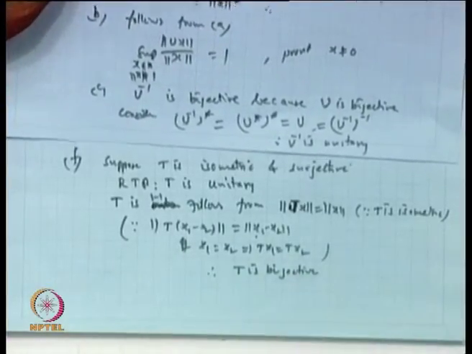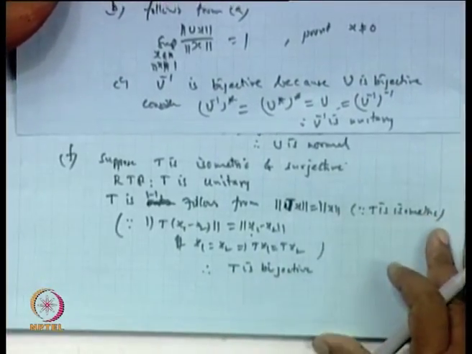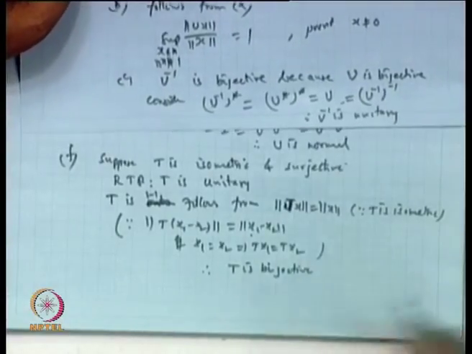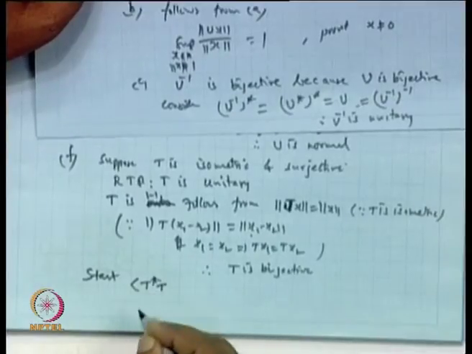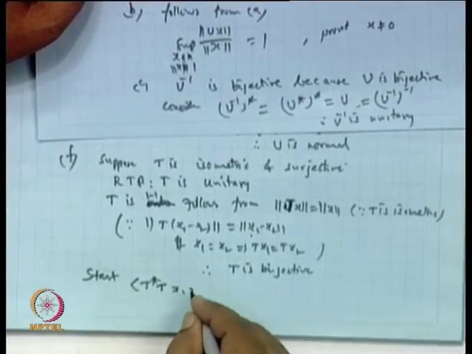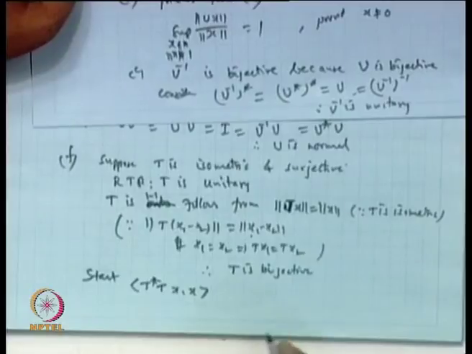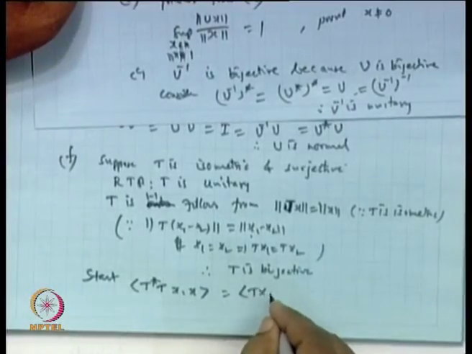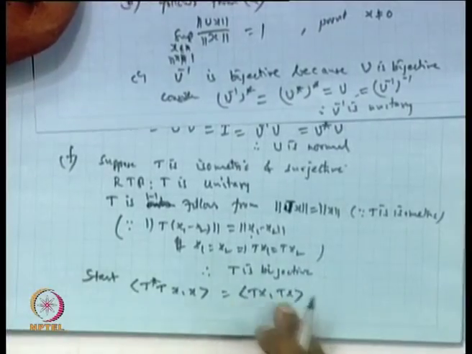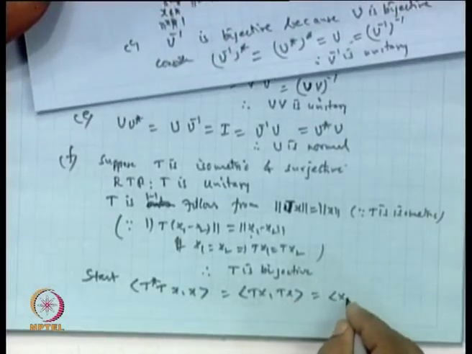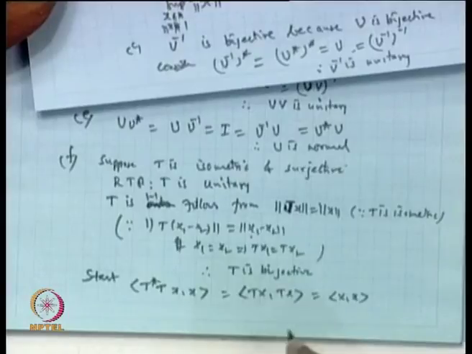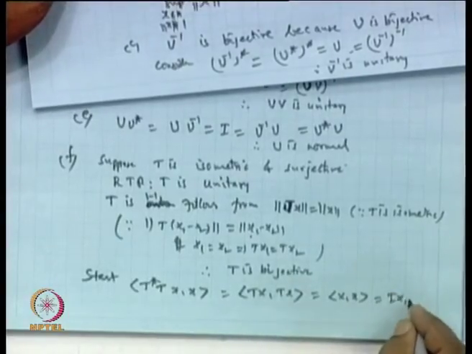Now the only thing we have to show is that T star T is the same as T T star. So start with the inner product T star T x comma x. Now this can be written as Tx comma Tx because of the property of the adjoint, but T is isometric, so this is the same as x comma x, and this will be equal to I x comma x.